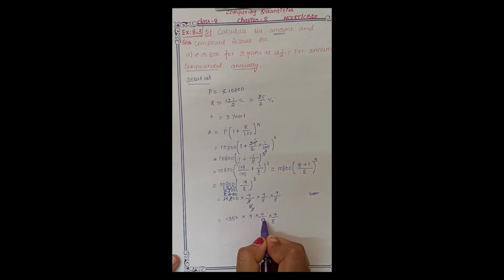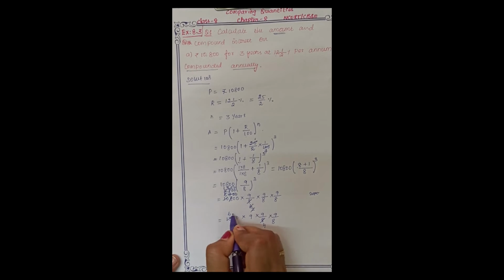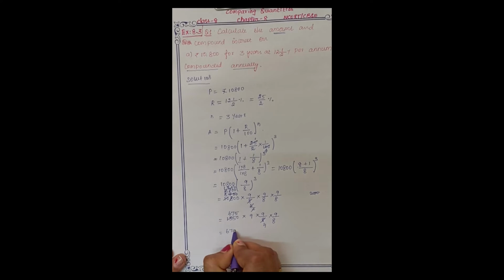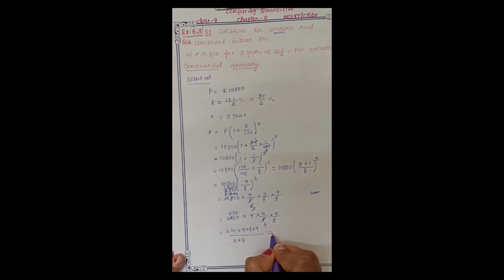Again we cut this by 2 table. 4 twos are 8. 6 twos are 12. And again we have 1, 15. 7 twos are 14. Remaining we have 1, 10. 5 twos are 10. So we have 675 into 9 into 9 into 9 divided by, in the denominator, 4 into 8.